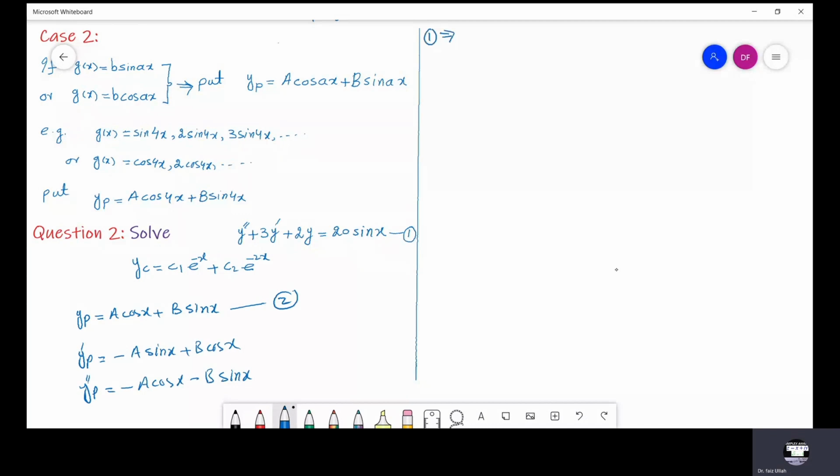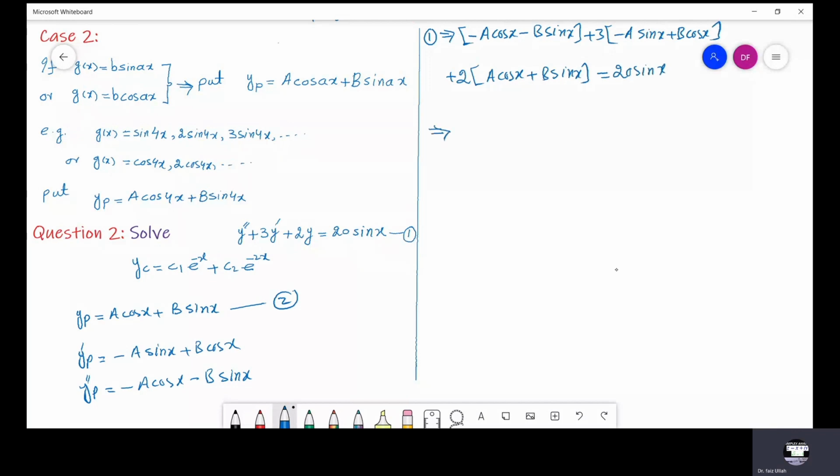So we have the value of y double dash, which is minus a cos x minus b sin x, plus 3 times y dash, which is minus a sin x plus b cos x, plus 2 times y, which is a cos x plus b sin x, and this is equal to 20 sin x.